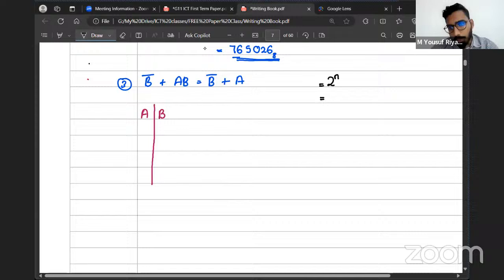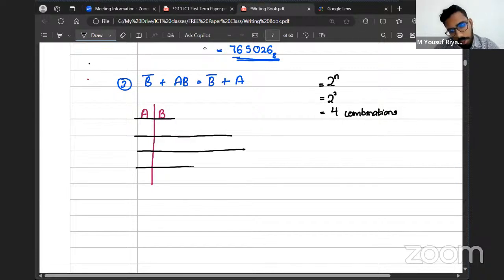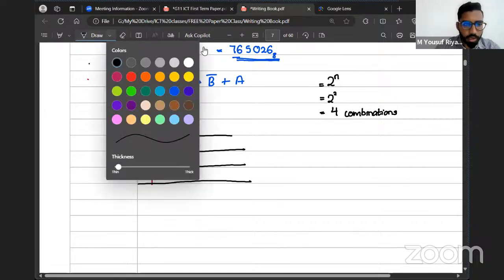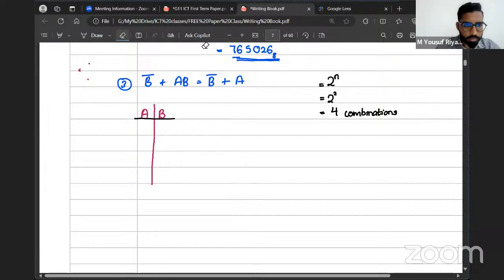So here we have two inputs, so there could be four combinations. If there are three inputs, it's 2 to the power 3. So here there could be only four combinations, right? So I'm going to write four rows, one row, the second row, the third row, and the fourth row, for four different combinations. I'm going to keep those four rows.